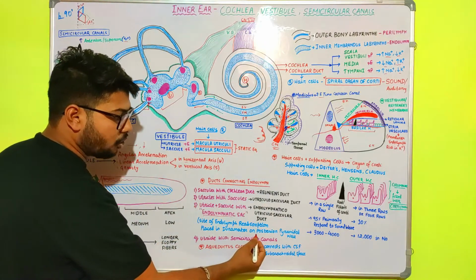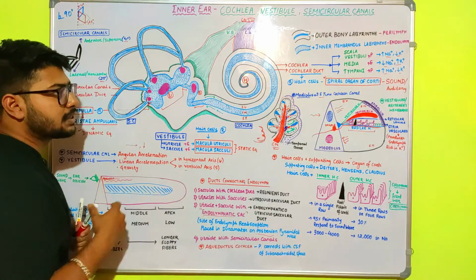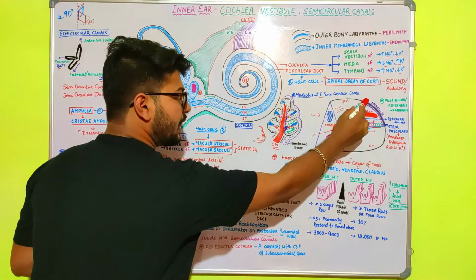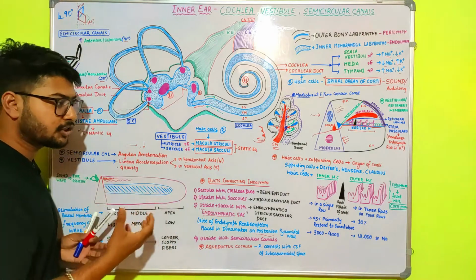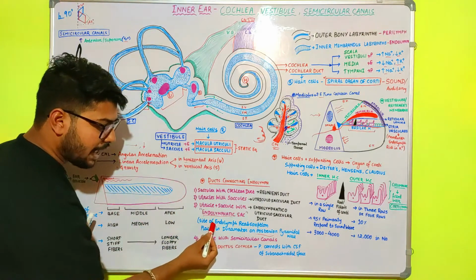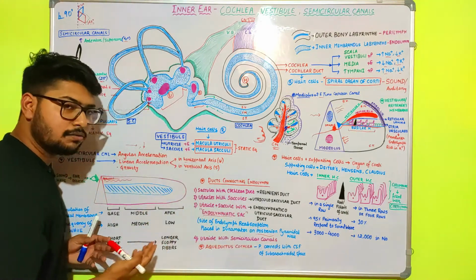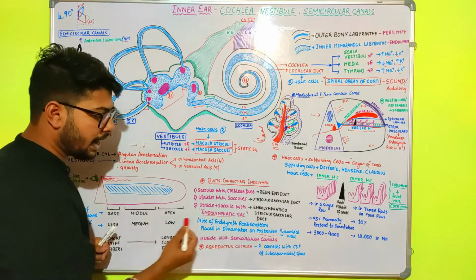Okay, listen, the stria vascularis cells present at the lateral wall of the cochlear duct are responsible for production of the endolymph, whereas the endolymphatic sac present on the posterior wall of the petrous pyramid is responsible for reabsorption of the endolymph.